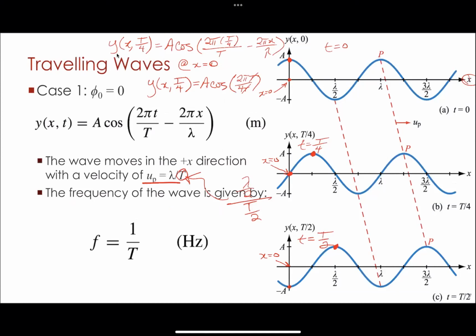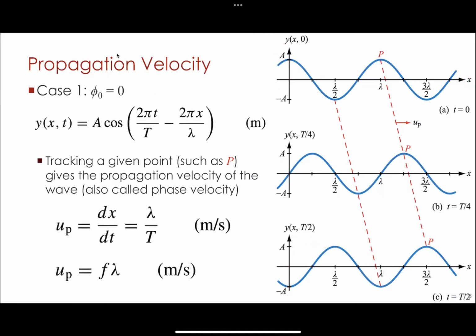So we got these waves. The waves are given in terms of Y. In this case, it's like the height of a water wave based on its position X and its time T. All right, this is what we just did, saying that U P, if we follow any point P, we would get that U P is lambda over T, which I did instead of doing it with dx dt, like with calculus. We did it more intuitively, but it's the same thing.